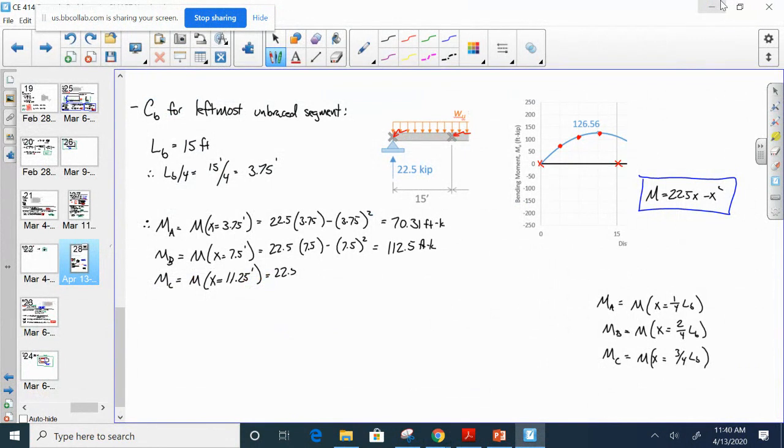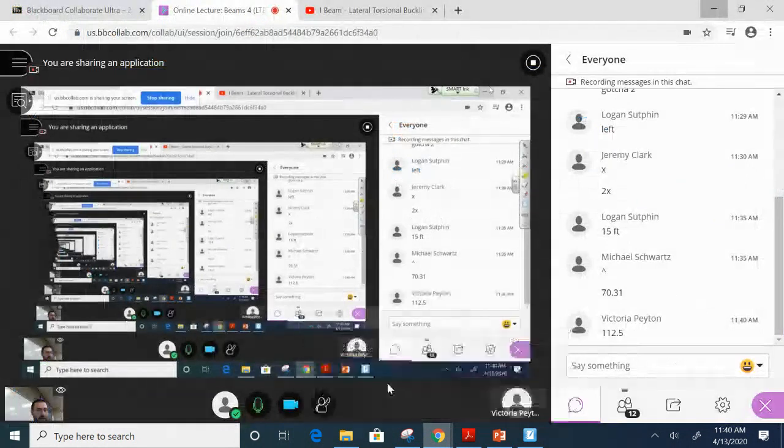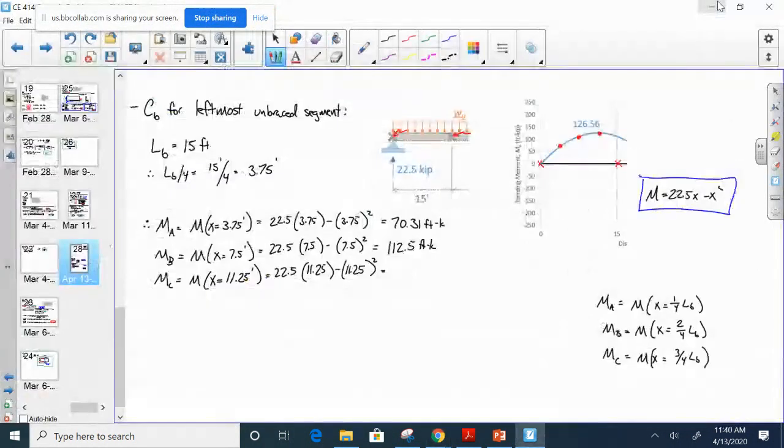And the last one, 22.5 times 11.25 minus 11.25 squared. There you go. So 126.56.